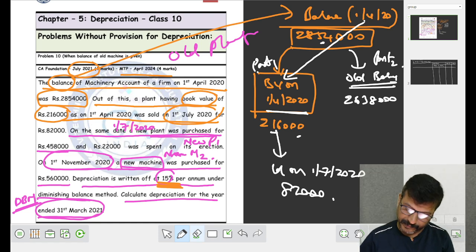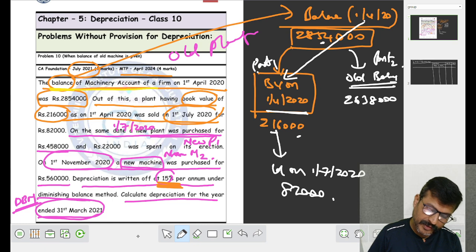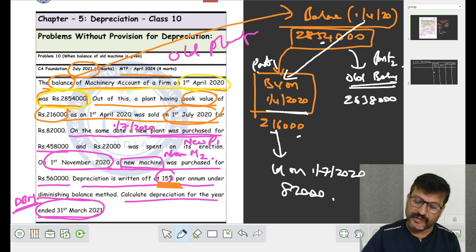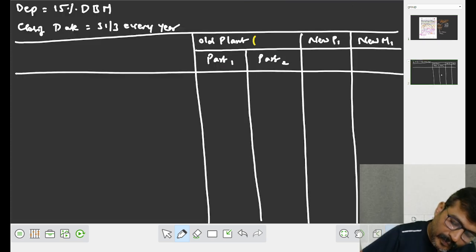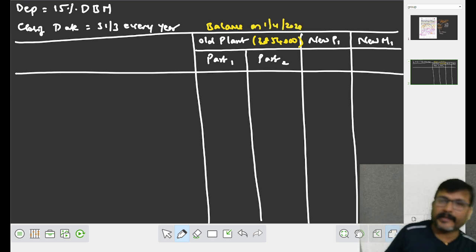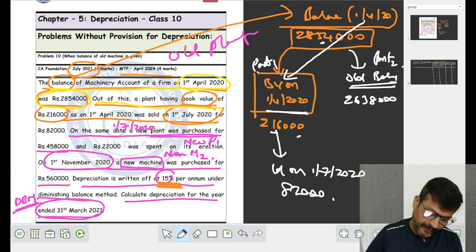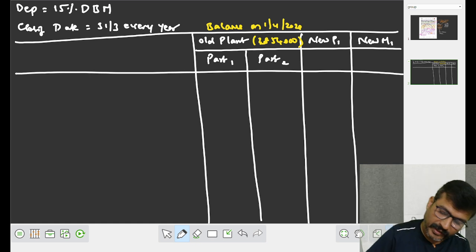Okay, let me start reading the problem. See what happened. Have concentration, my dear student. The balance of the machine on 1st April 2020 is 28,54,000. Okay, fine. Out of this, the plant having a book value of 2,16,000.